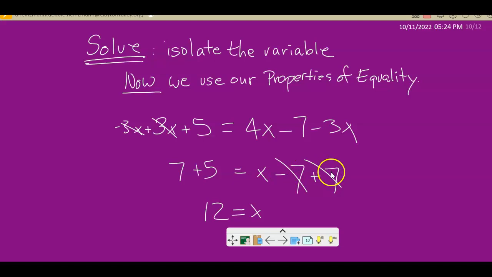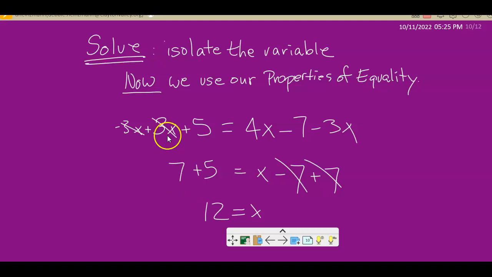I added 7 to both sides. And then I paused and I combined like terms. Here we go. X equals 12. I'm done. I have a single variable and I have a constant.